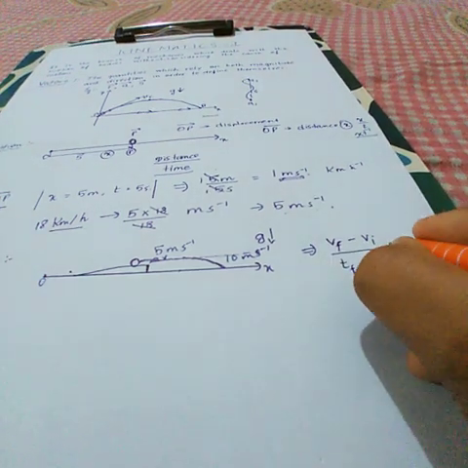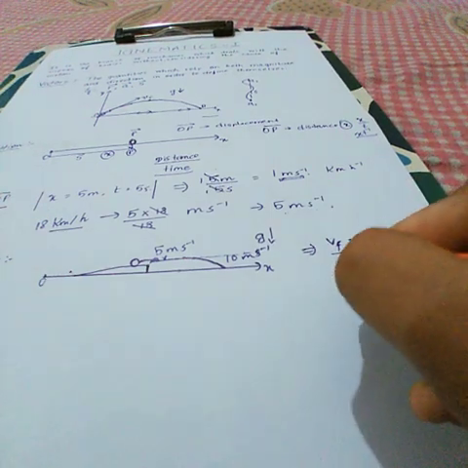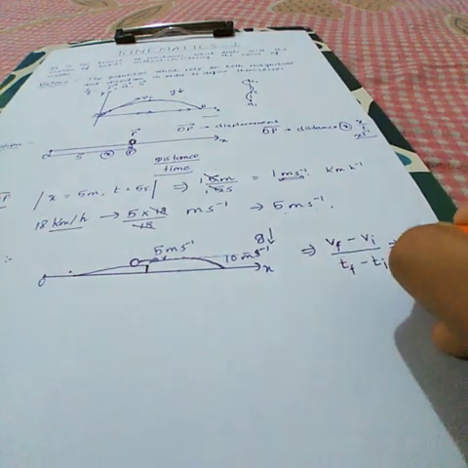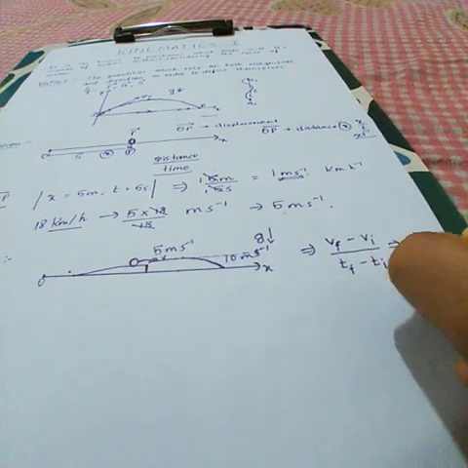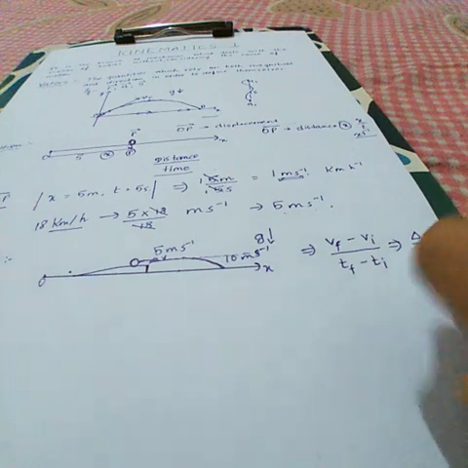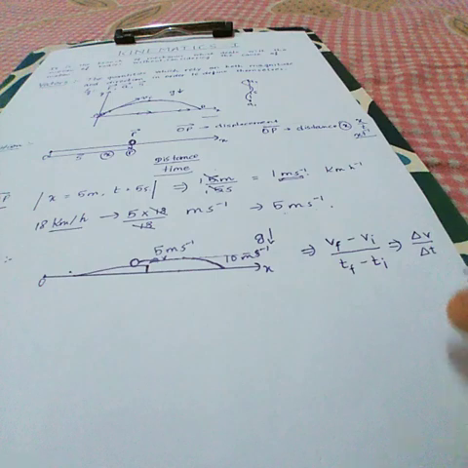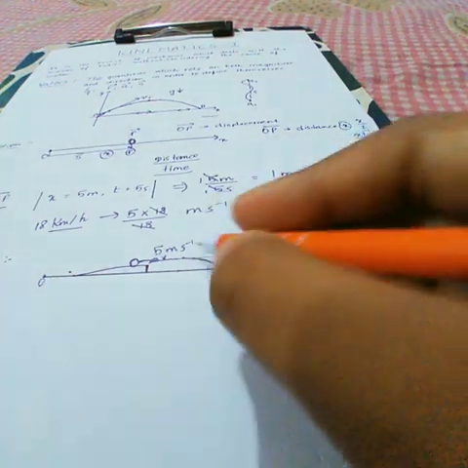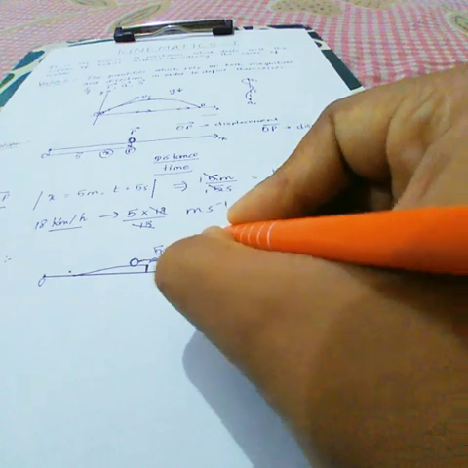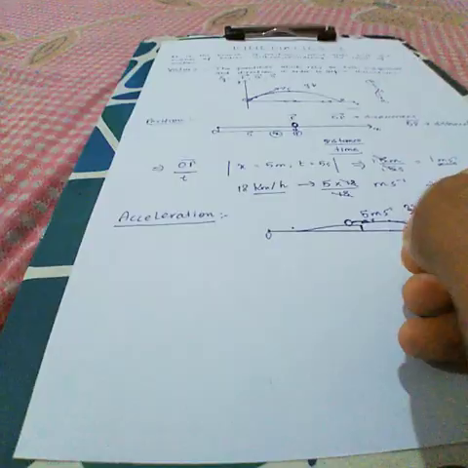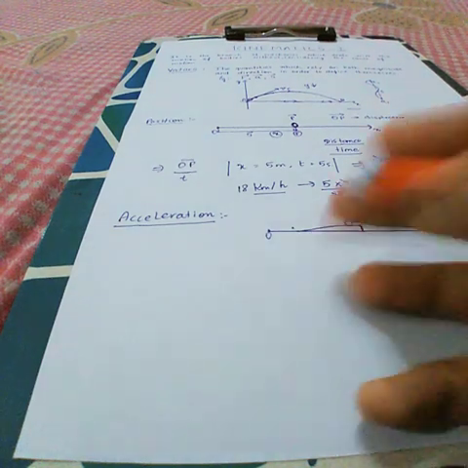So from here we can say that the rate of change of velocity over time. So we can say that acceleration equals delta v by delta t, or simply delta v by t, as you can see. So suppose that this velocity is changing in 2 seconds. Okay. So we have taken that the velocity is changing in 2 seconds.